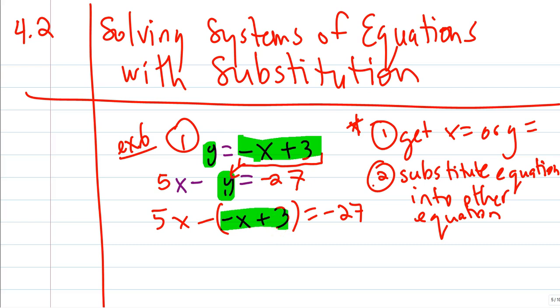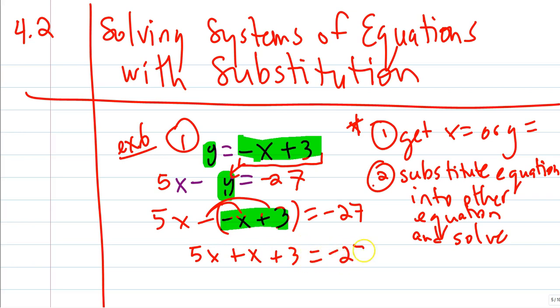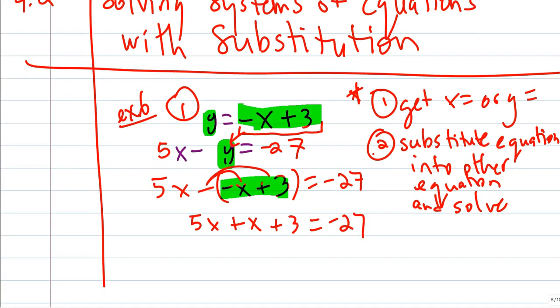Now what? That's why I put and solve. What's the whole point of this? I now have an equation with one variable. I can distribute and get 5x plus x plus 3 equals negative 27. And I can continue solving.